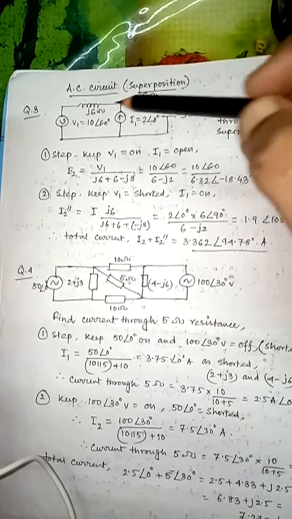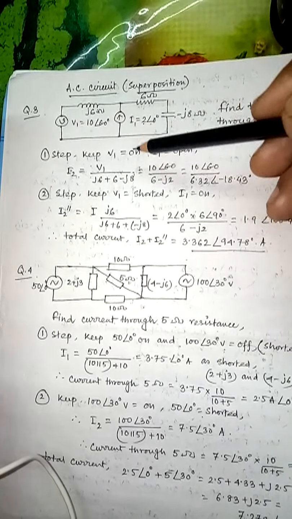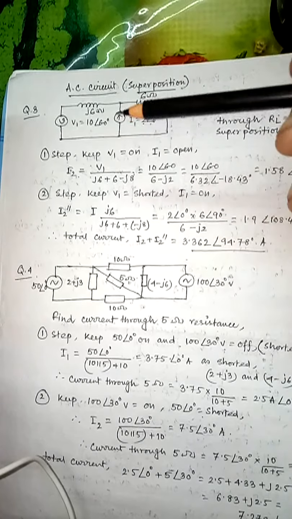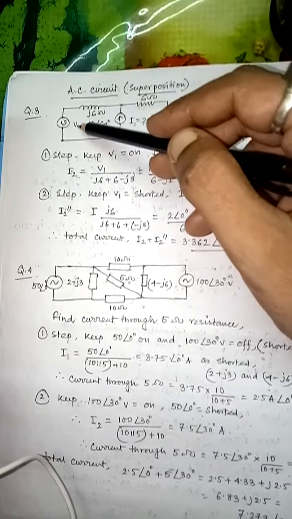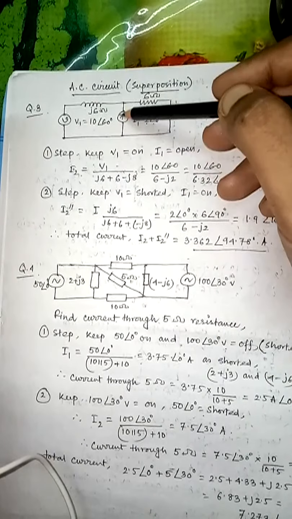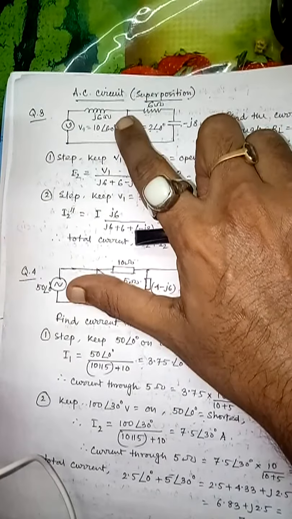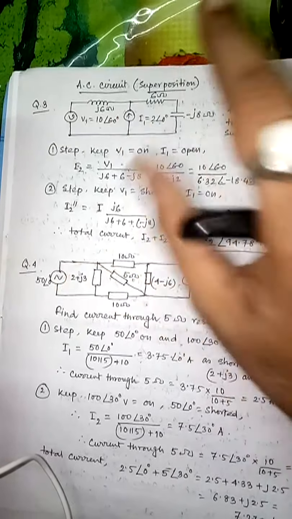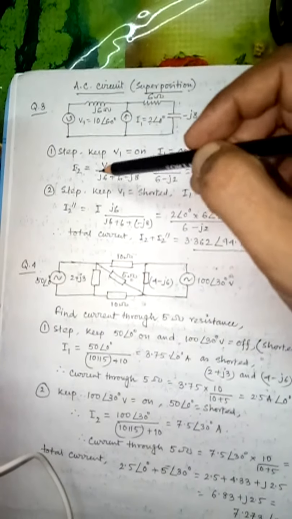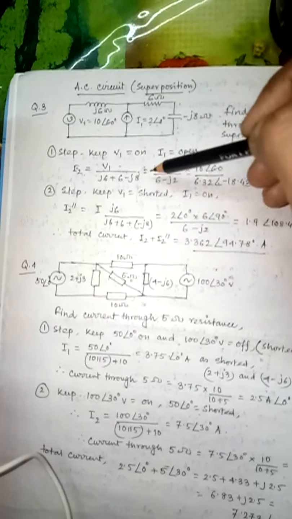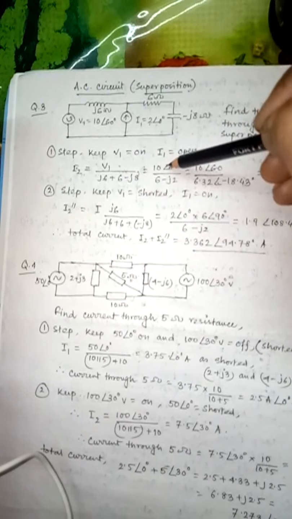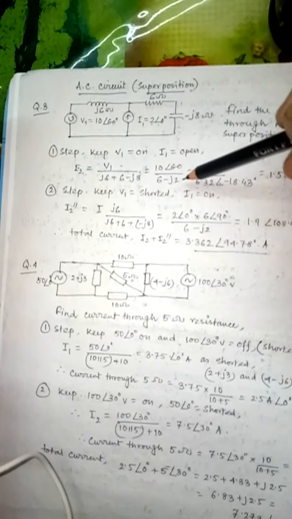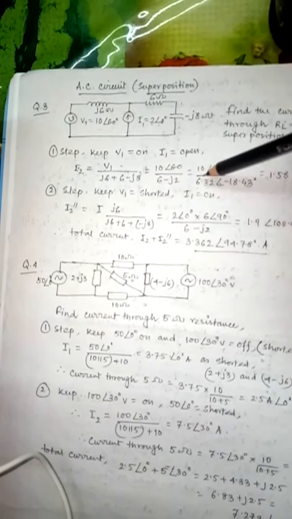How to do this? First keep the voltage source on, with the current source plugged off. Then the current you can easily calculate as V1 divided by the entire impedance. The voltage here is V1. If this part is not there, the impedances in series are J6, 6 and minus J8, so 10 angle 60 divided by the calculation J2, 6 minus J2.